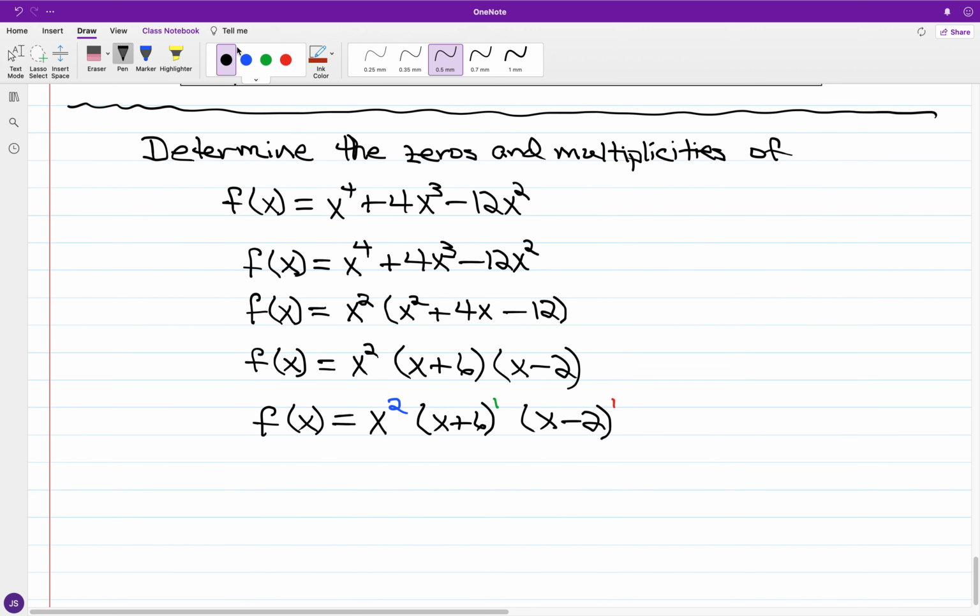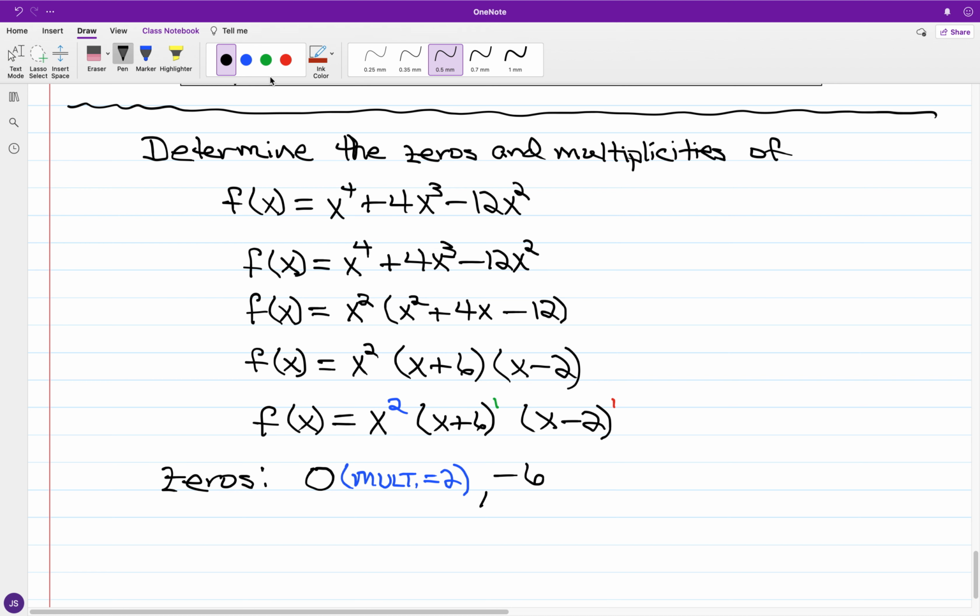So for what we have in the case of the zeros, for just x we'll have 0. If you notice, x is raised to the second, so 0 is going to have a multiplicity equal to 2. And for x plus 6, I'm going to have negative 6.